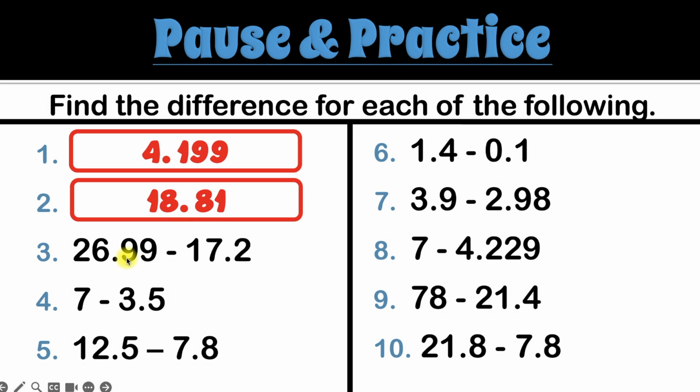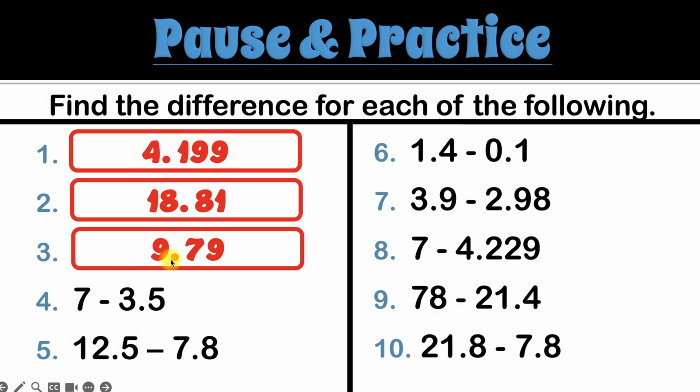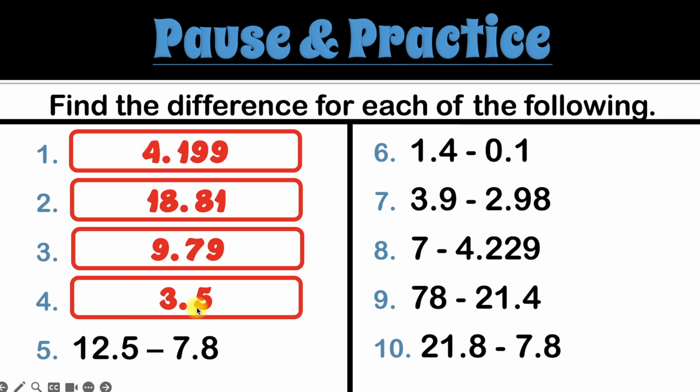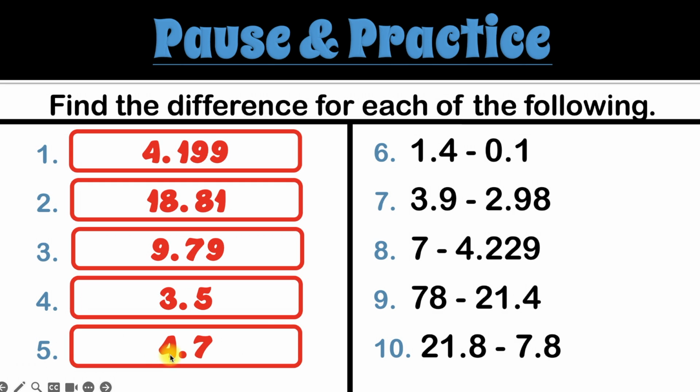Number 3 is 9.79, properly read as 9 and 79 hundredths. Number 4 is 3.5, properly read as 3 and 5 tenths. Number 5 is 4.7, properly read as 4 and 7 tenths.